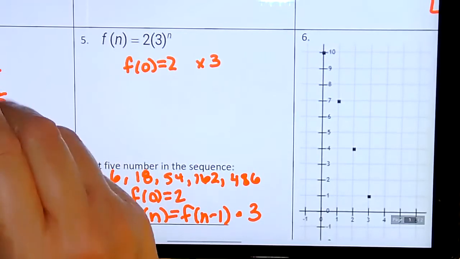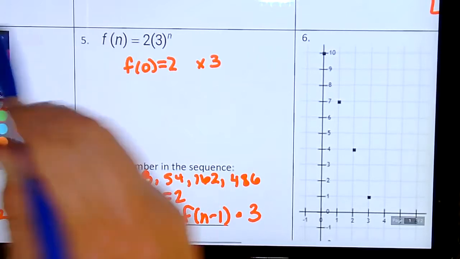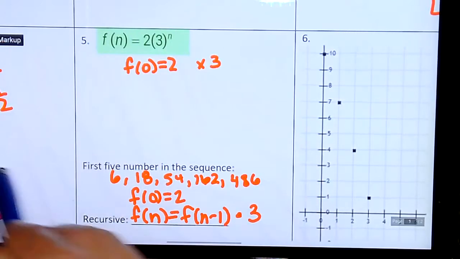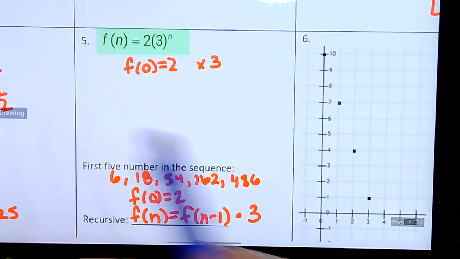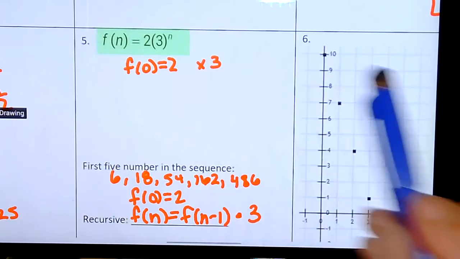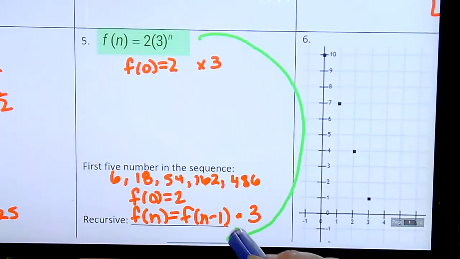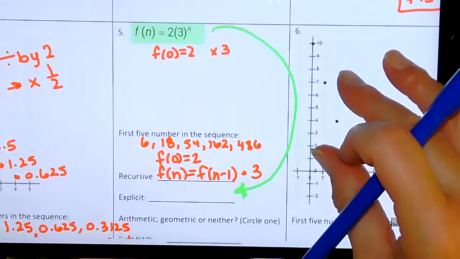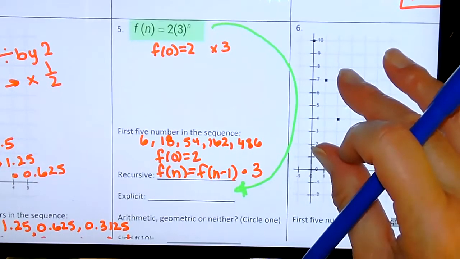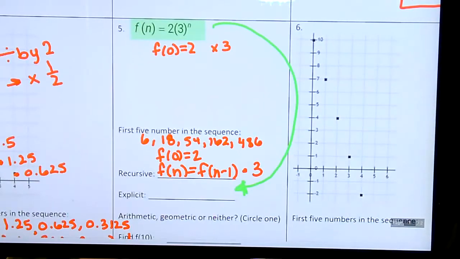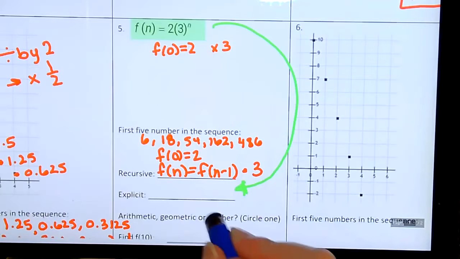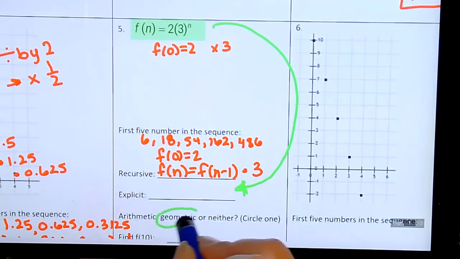And then this one here, I'm going to highlight it. That is my explicit. So I am going to draw an arrow here, and that is my explicit, or you can rewrite it. And since I'm timesing, that means that this is geometric.